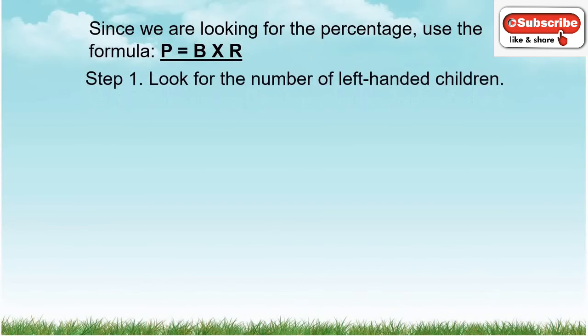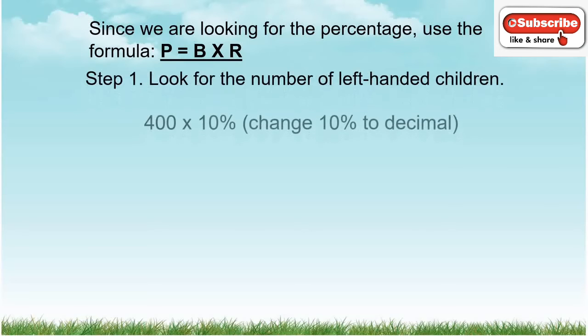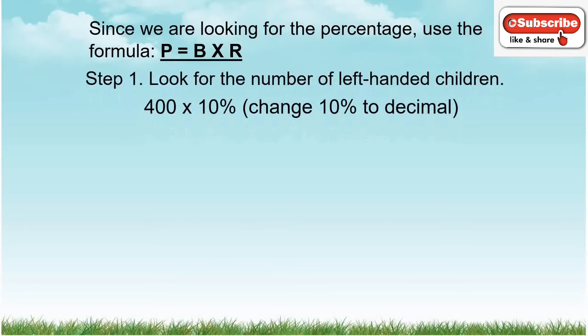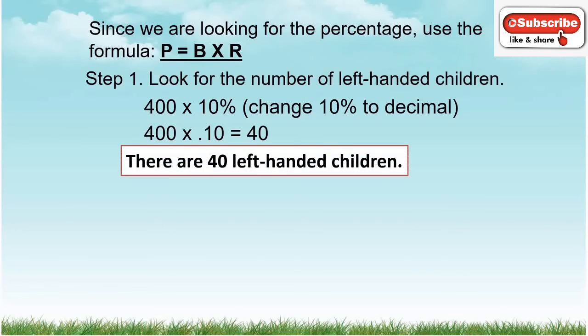Step 1. Look for the number of left-handed children. 400 times 10%. Change 10% to decimal. 400 times 0.10 equals 40. There are 40 left-handed children. Step 2.